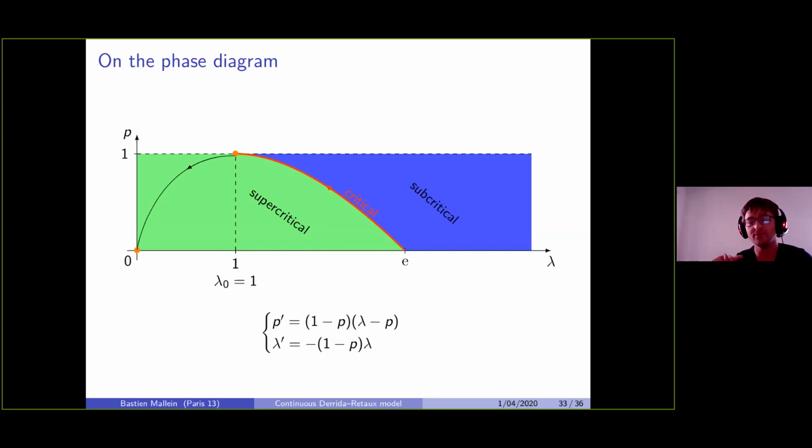So this is why there is a little bit of difference there. And in the subcritical area, then it's a different picture. You don't get close to 1, 1. You get close to 1 lambda, which is why there is a different behavior there.